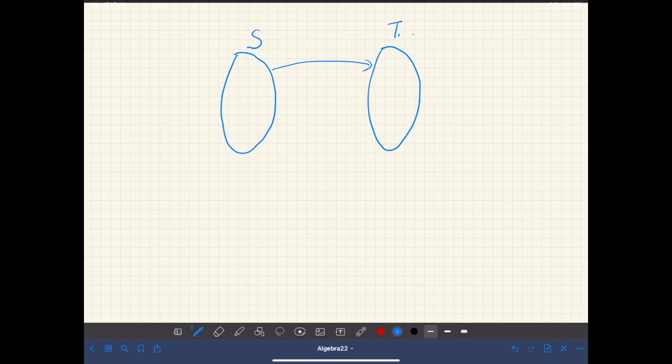When we consider a mapping between two groups, just a simple mapping may not be very informative, but the mapping may be very useful if it conserves the structure of the group S to the structure of group T. That kind of structure preserving mapping is called a homomorphism.